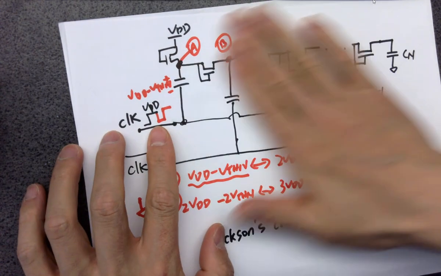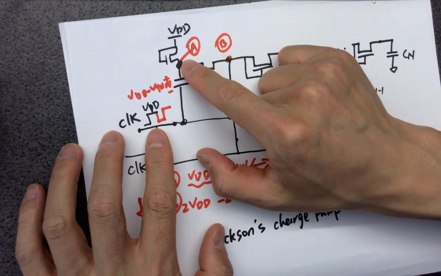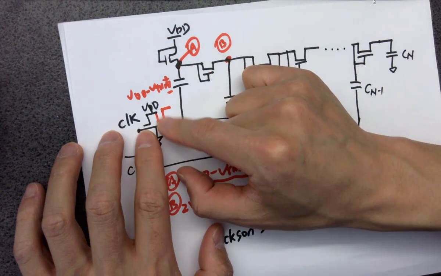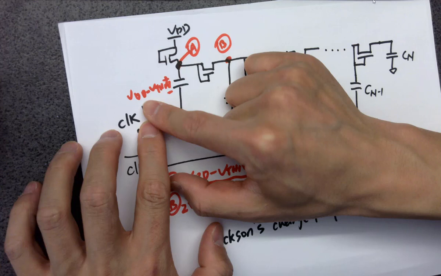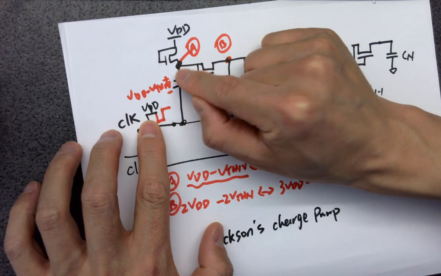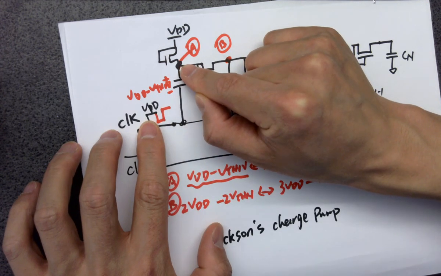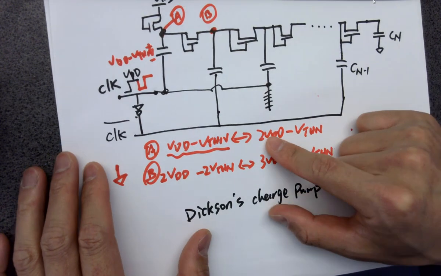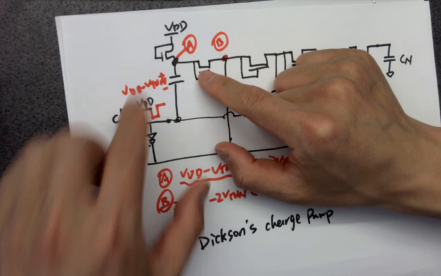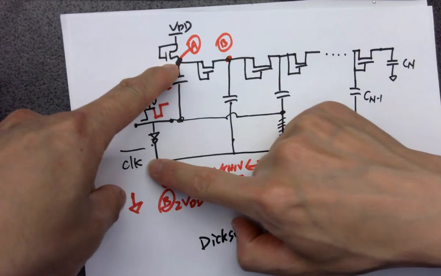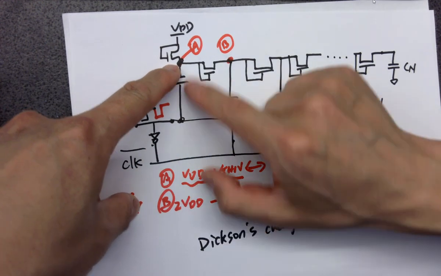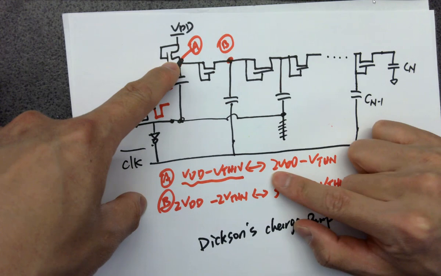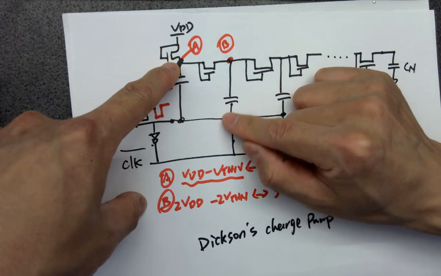if you ignore the rest of the circuit, just looking at this point, whenever this guy is pulling, it's pulling VDD minus VTHN to this point. Okay, and whenever this is pushing, it's adding another VDD to it. And whenever this is pushing, because the clock here is getting inverted, if this guy is pushing to this voltage, 2 VDD minus VTHN, this has to be pulling.